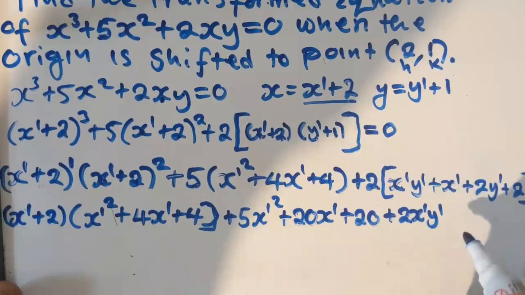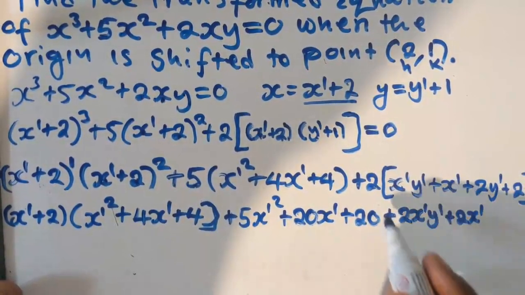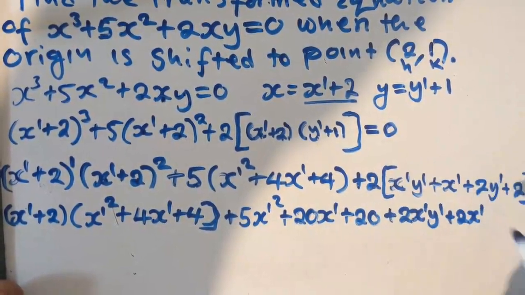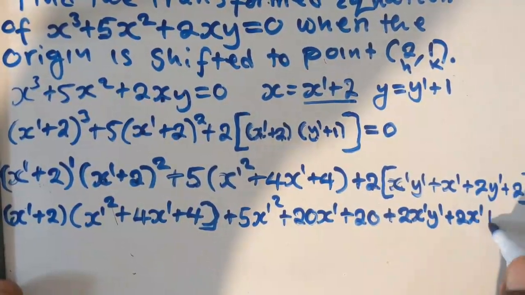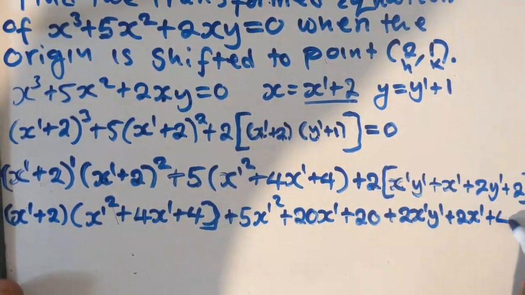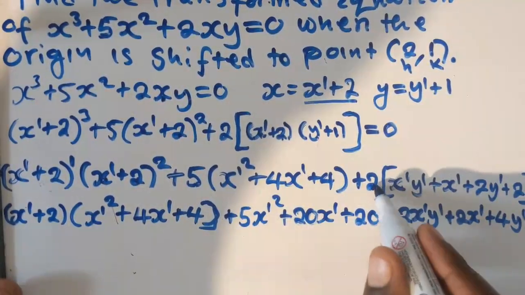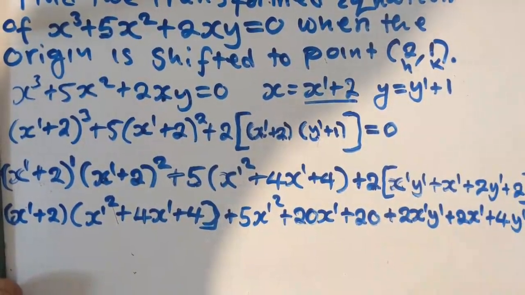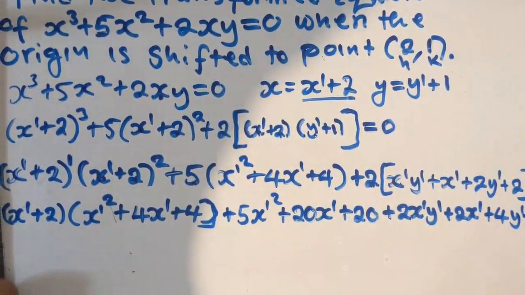Then 2 times x prime, you're going to have positive 2x prime. Then 2 times 2y prime, you're going to have positive 4y prime. Alright, then 2 times 2, you're going to have 4. Okay, so you're going to have positive 4, like that.